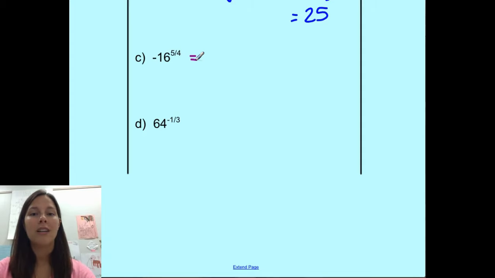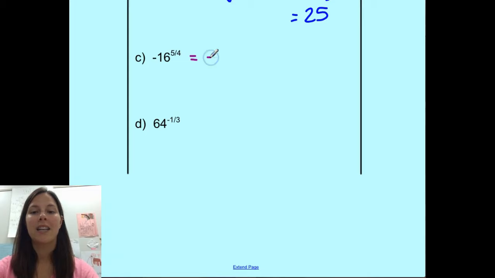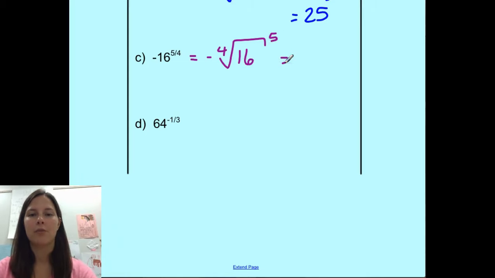Well, multiplication comes after exponents in order of operations. So the last thing that we will do on this one is throw the negative sign on our answer after we multiply by -1. The first thing we will do is evaluate that rational exponent, that 5/4 power. So I'm going to leave the negative sign on the outside of the root for that reason. The 16 goes on the inside, and the power of 5 will go after we take the root.